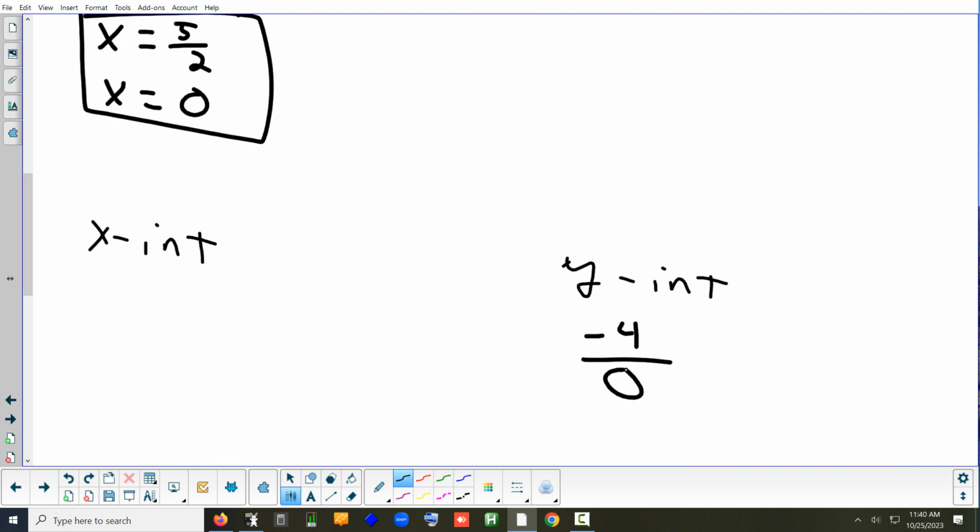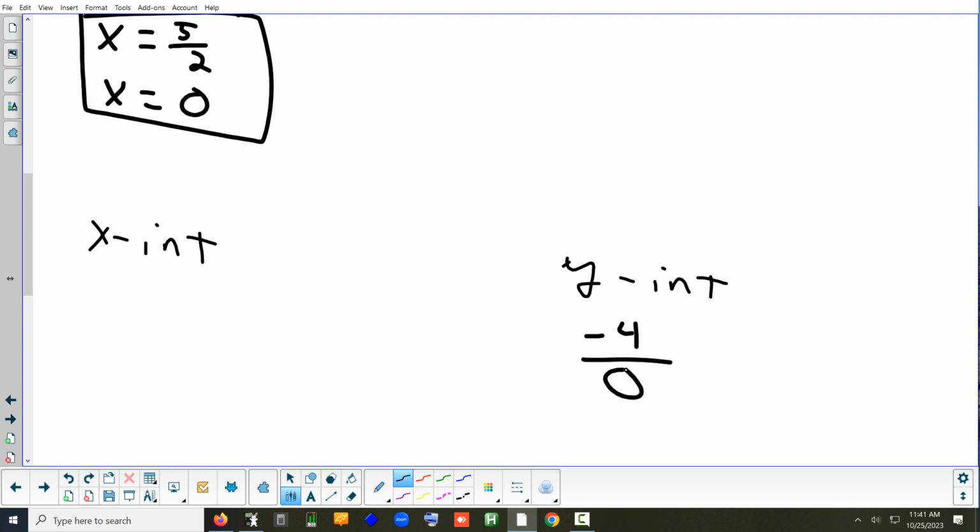So where's your y-intercept? Well, the thing is, it is 0 for the bottom, so if you divide anything by 0, is it that we don't have x? Well, I'm not going to do the x-intercept.